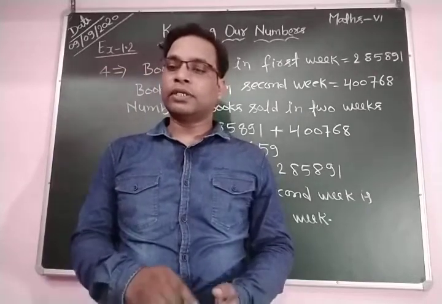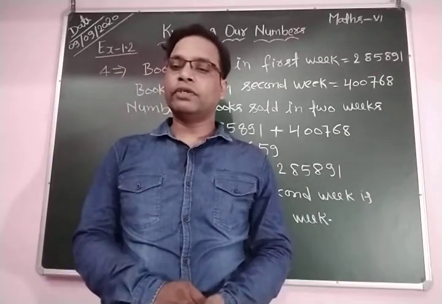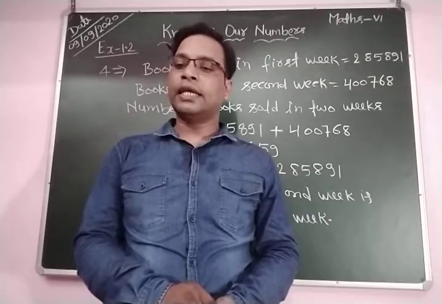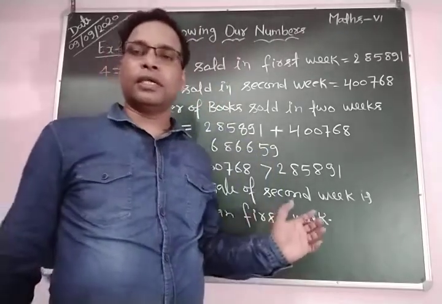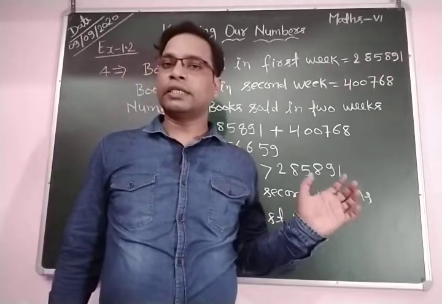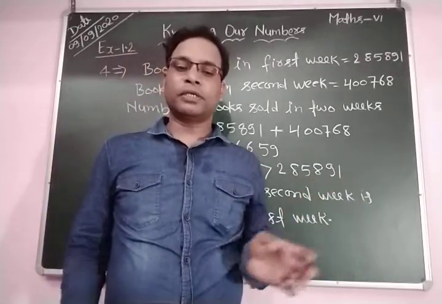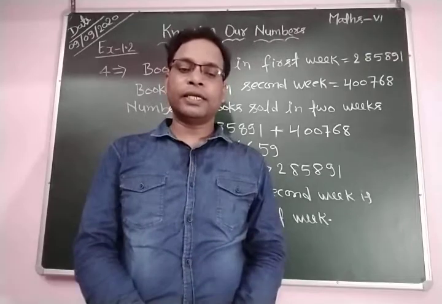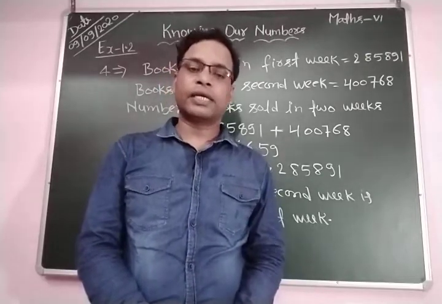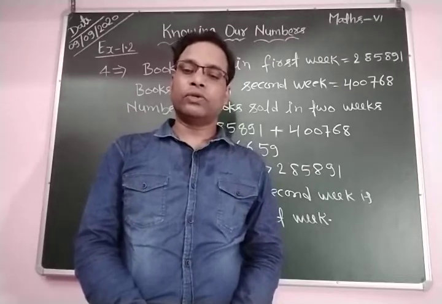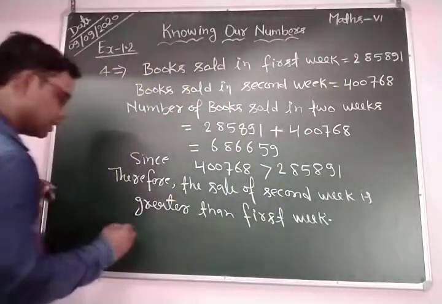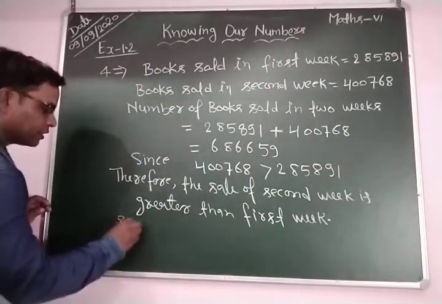Next question, by how much? In which week was the sale greater and by how much? So you can see the second week's sale is greater by how much. First for this we find their difference. So you can write here: books sale difference between the 2 weeks.